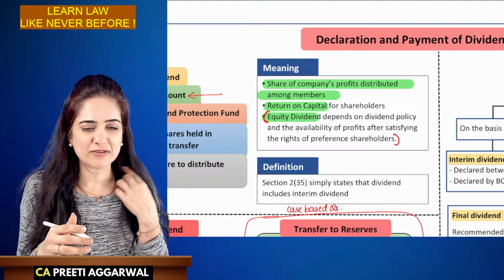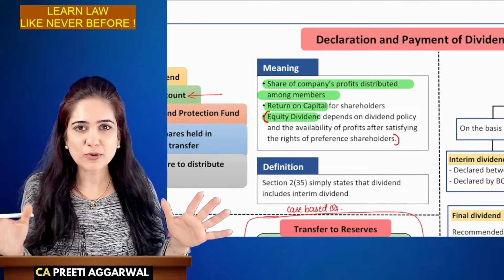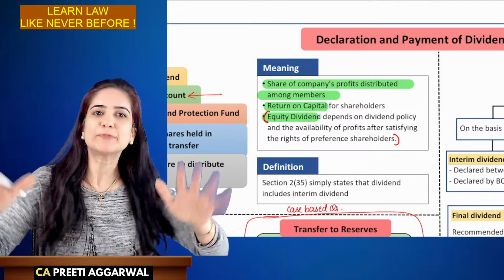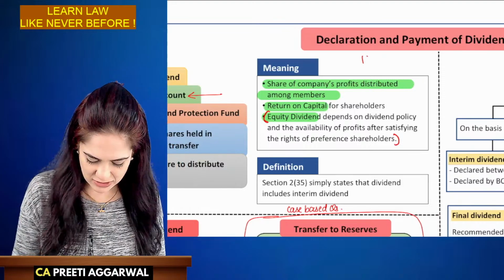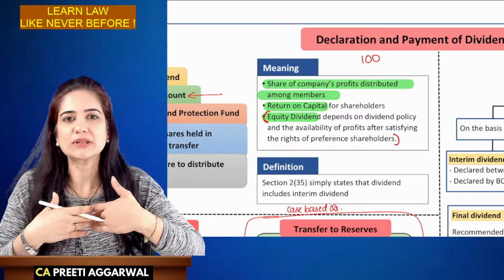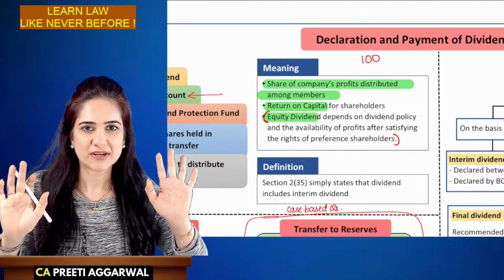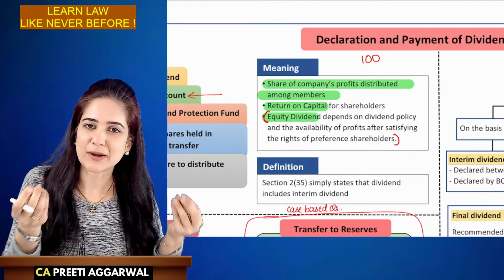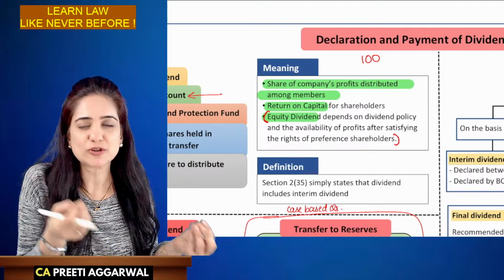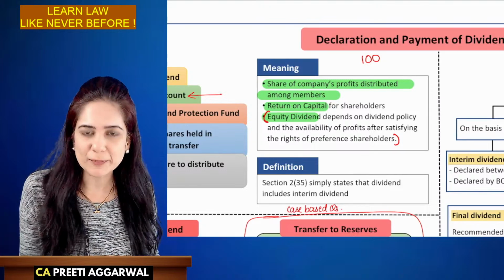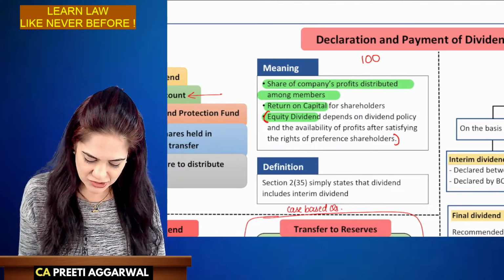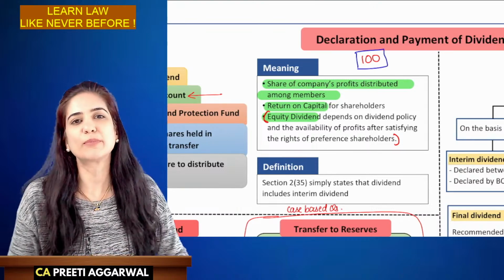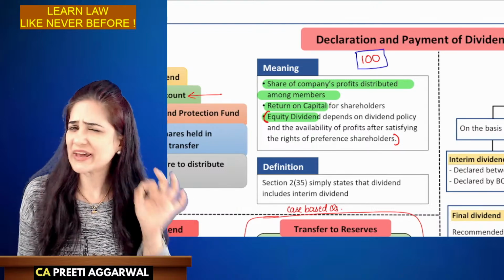See, if we leave it in the hands of the shareholders, they will want all the profits. Okay, so if the company has 100 rupees, they will say distribute all this money in the form of dividend. But please realize that the company also requires money for the growth and development of the company. So we cannot distribute the entire profit in the form of dividend. So law is very smart.